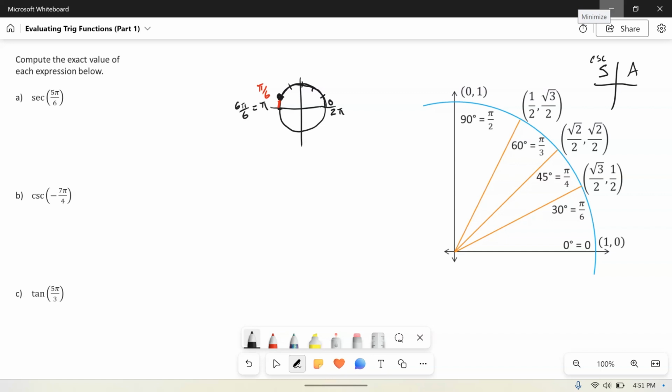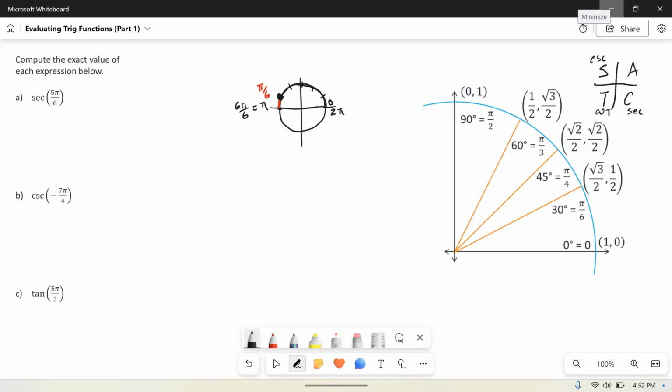So cosecant would also be positive in the second quadrant, because both sine and cosecant relate to the y coordinate. Tangent is positive in the third, and tangent also represents cotangent. And then cosine is positive in the fourth quadrant, and cosine is paired together with secant.